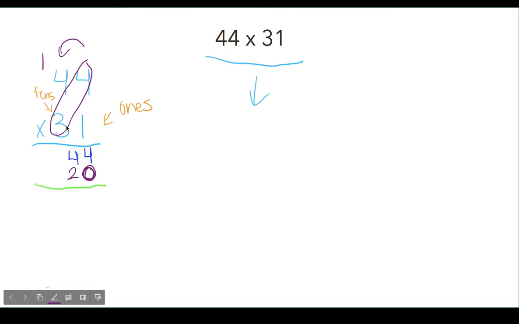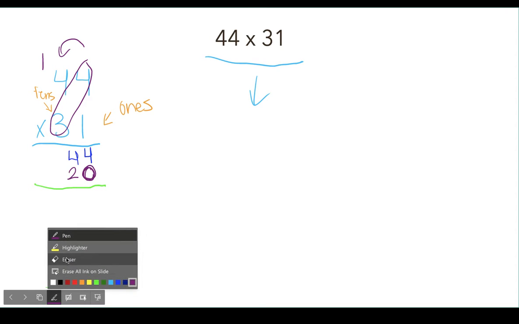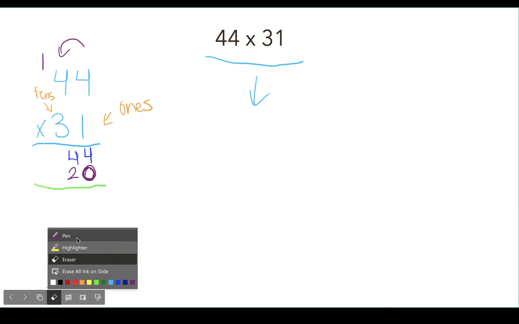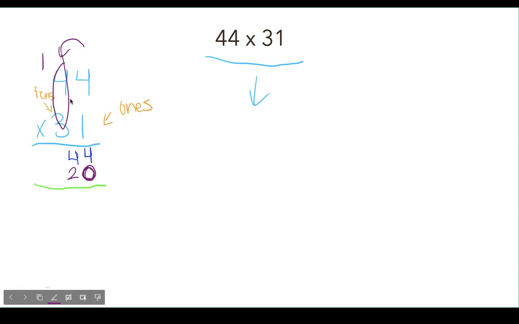Then we do the other 4 times 3 over here, and we get 12 again. Now that we have 12, we're going to add the 1 that we carried. So 12 plus 1 equals 13.